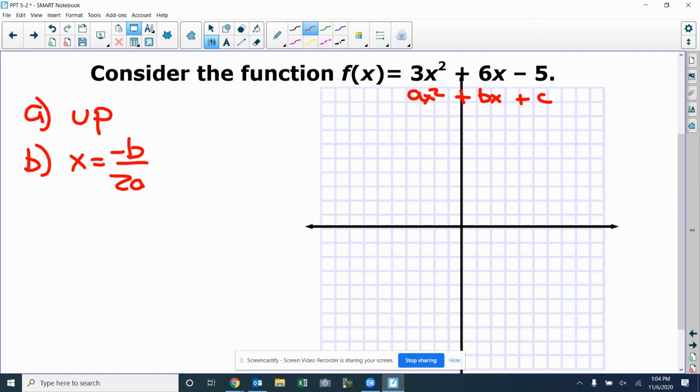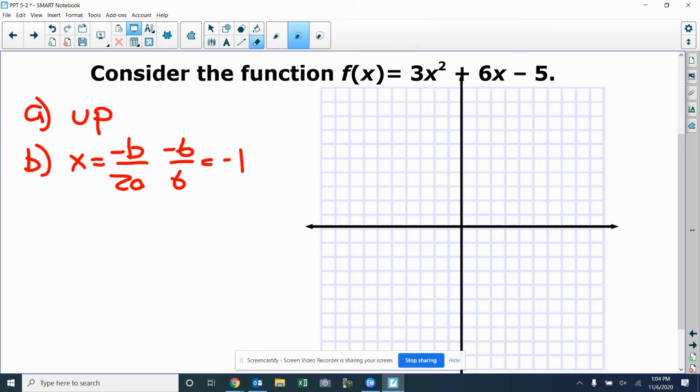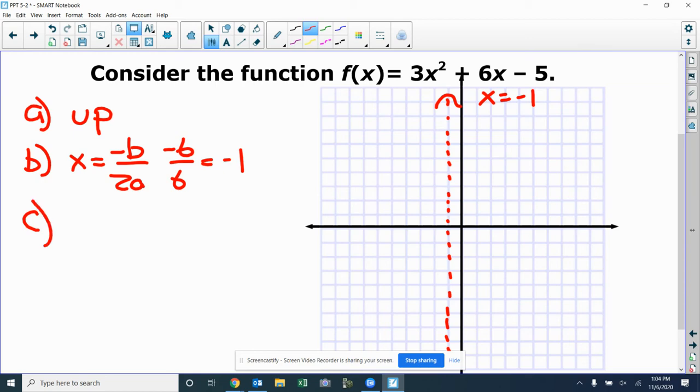So it is positive up there, so it's going to be -6 up here, over 6, I believe, is that correct? -1, so I'm going to go ahead and sketch that in. And then I'm going to label that x equals -1 is your axis of symmetry. I'm ready for my vertex, I already have half of it done. I warned you, be very, very careful with negatives when you plug it back in.